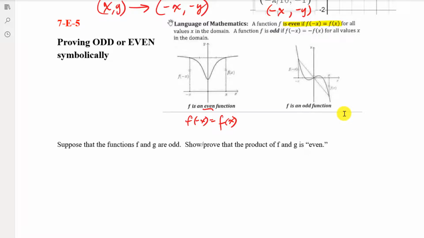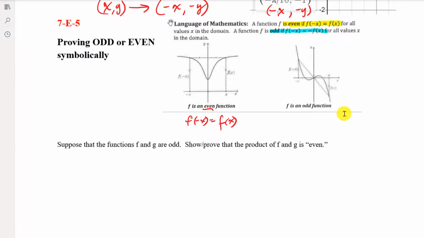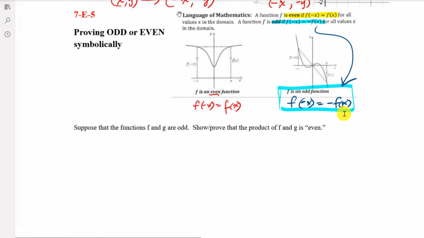So f of negative x equals f of x, the original function, if it's even. And if it's odd, well, that's different. If it's odd, then f of negative x is equal to the opposite of the function, which we say negative f of x. Okay. All right, so let's apply these definitions, and let's see what we can do.